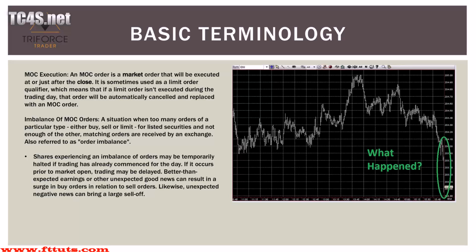It was a big negative order on the close, and then all of a sudden price dropped from 204 to about 203. You may say that's not a big drop, but for a stock like IBM, which generally does nothing, that's a pretty big jump, because on the close there were huge sell orders for that stock.